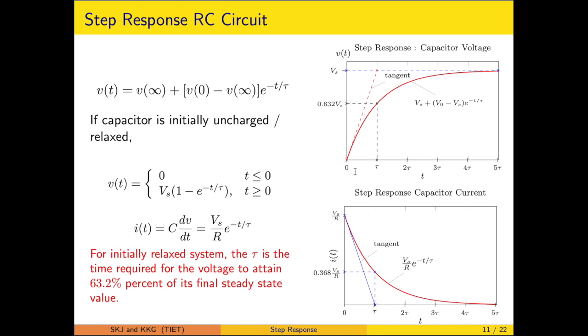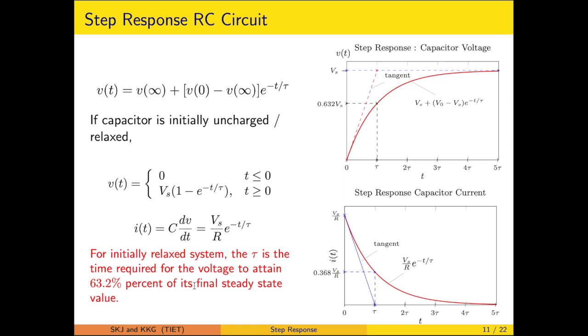For this initially relaxed capacitor, the response characteristics are plotted like this. At time t equal to tau, the response value is 63.2% of Vs, where Vs is the final value. So you can say tau is the time needed for the system to attain the voltage level of 63.2% of its final value.